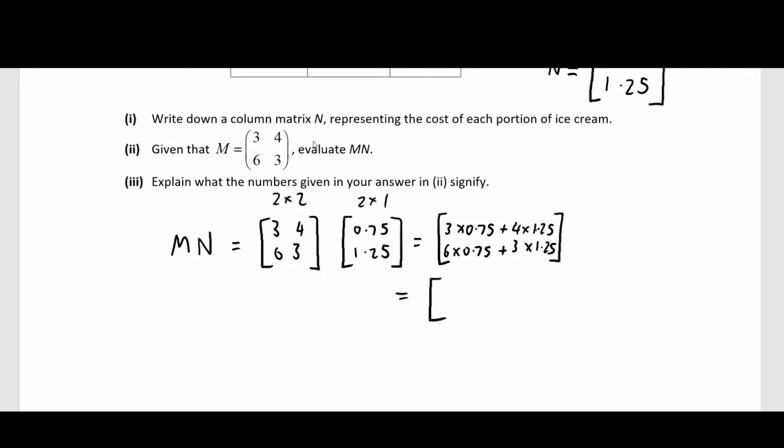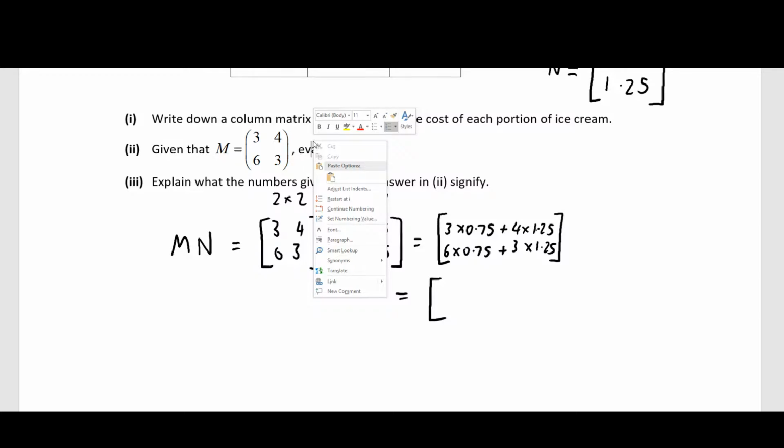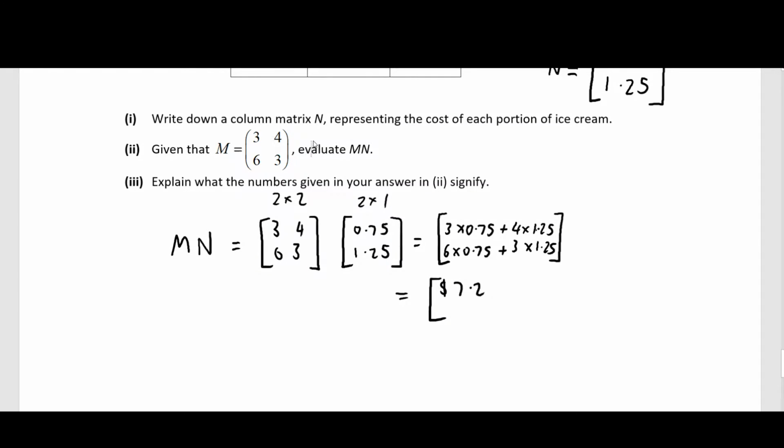So you can type it in, and so 3 times 0.75 plus 4 times 1.25 gives me $7.25, and here we've got 6 times 0.75 plus 3 times 1.25, which gives me 8.25.